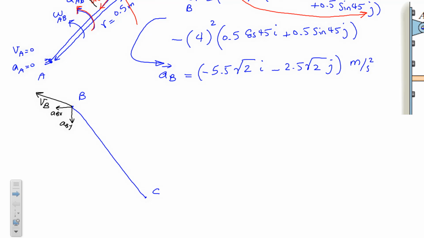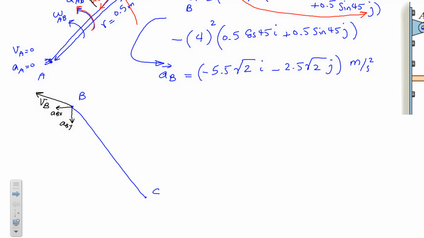Also, if I have counterclockwise direction for link AB, then it gives a velocity to the left for point C. Point C is restricted to the horizontal motion, and when we have the counterclockwise direction for link AB, that restricts the motion of C to the left direction.